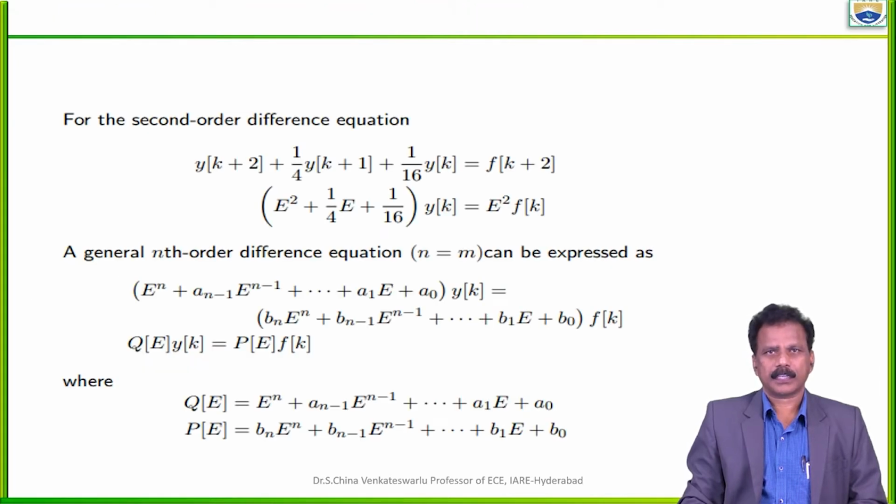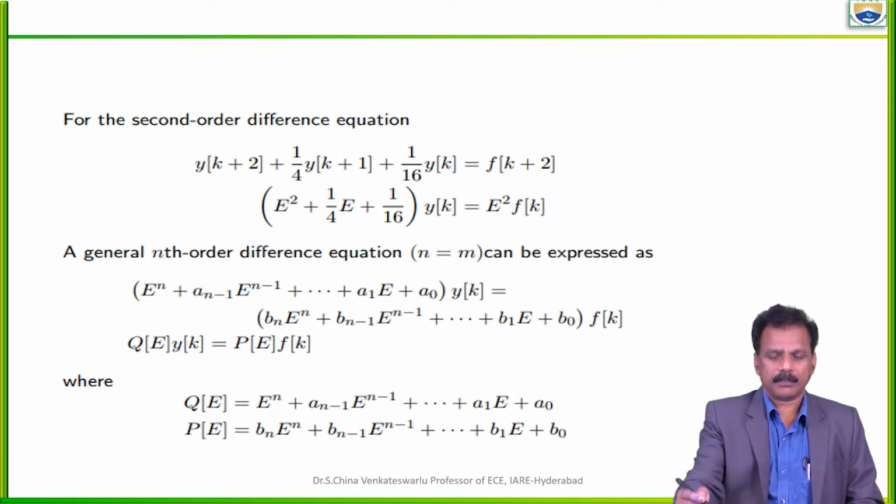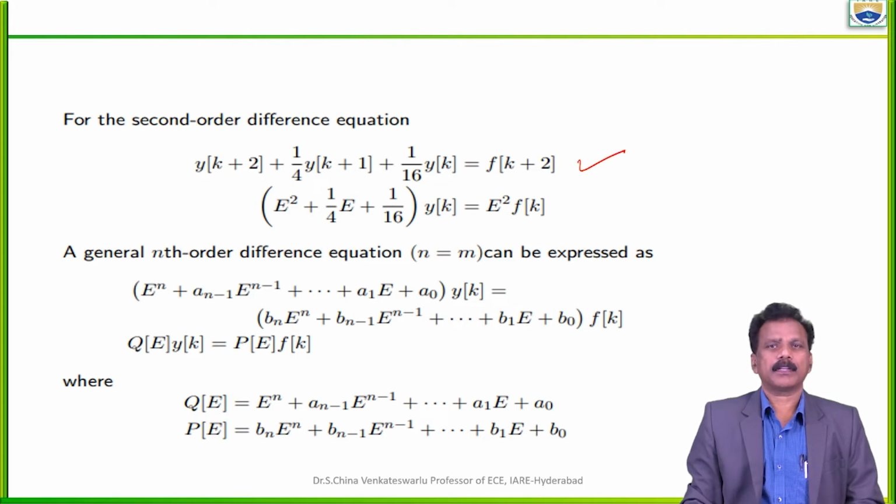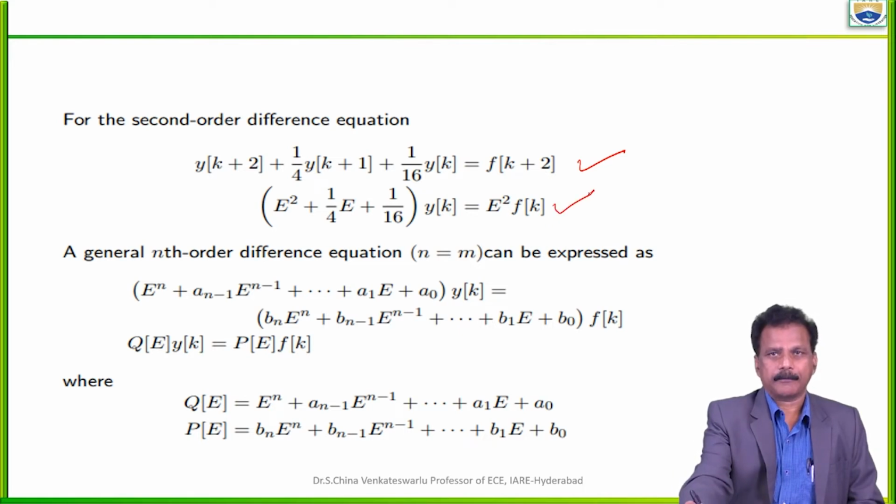Like this, for the second order difference equation, you have to consider this one: y of k plus 2 plus 1 by 4 y of k plus 1 plus 1 by 16 y of k is equal to f of k plus 2. So using this, E square plus 1 by 4 E plus 1 by 16 into y of k is equal to E square f of k.